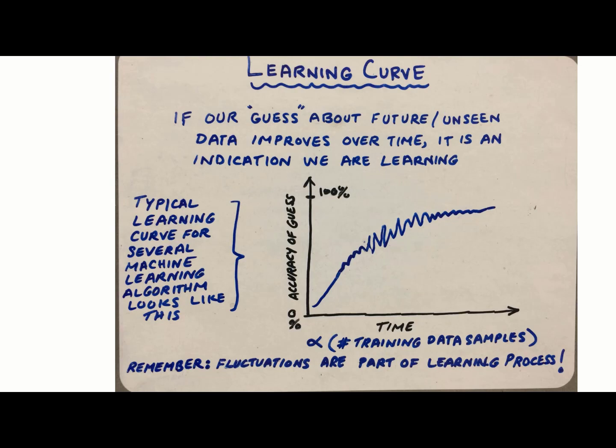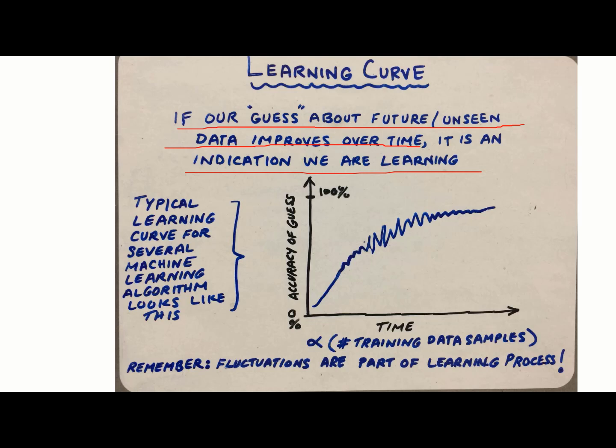An important concept in machine learning is the learning curve. And this learning curve says that if our guess about the future or the unseen data improves over time, it is an indication that we are learning. And I guess most people would agree with this definition.